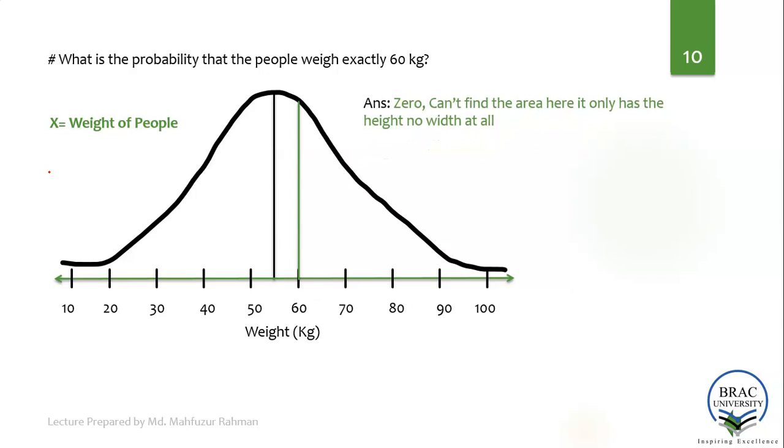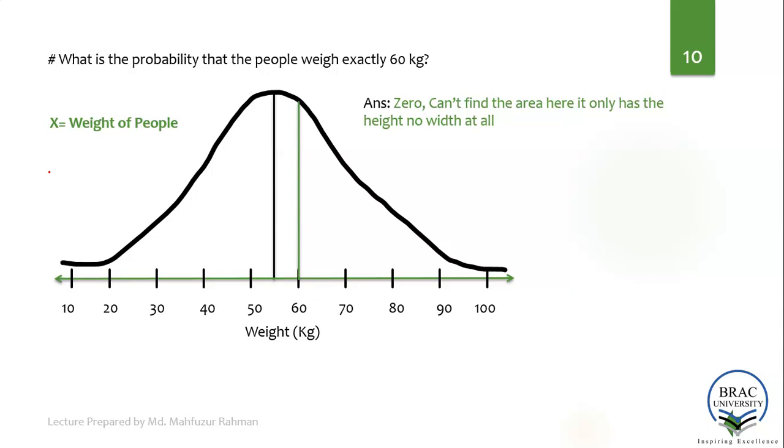Here we can't get the probability because we don't have an area for this single line. In fact, the area of this line is equal to 0 because a line has no height. As a result, the answer is 0.